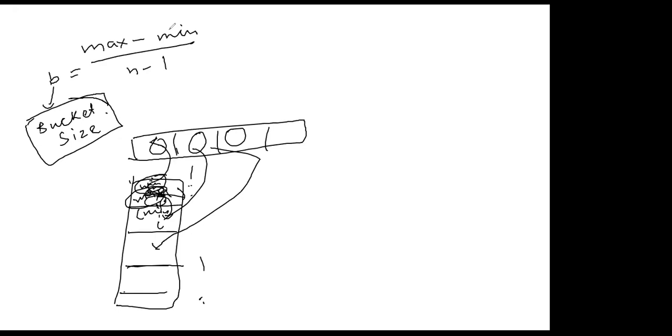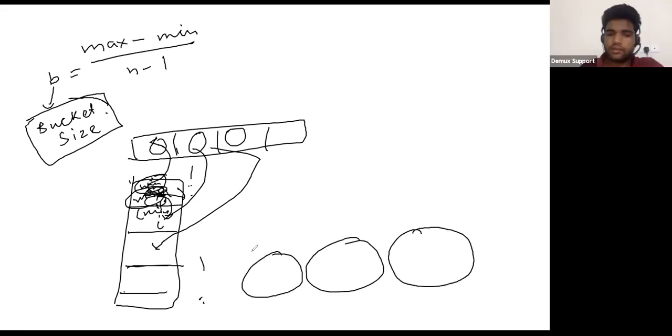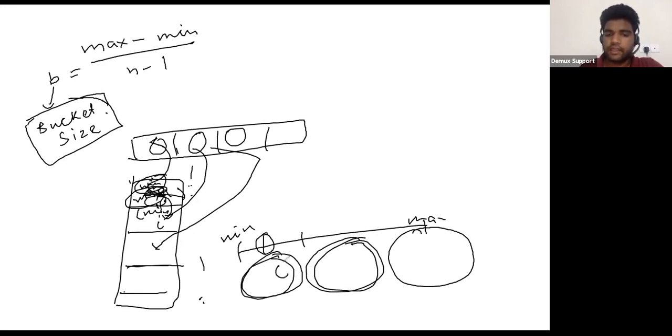So why are we comparing only consecutive buckets? Like even the minimum and maximum can be adjacent to each other, right? No, this is the range, right? You have min and max. You have divided all the possible integers between min and max in these buckets. So you cannot compare an element from this range with an element from this range, right?